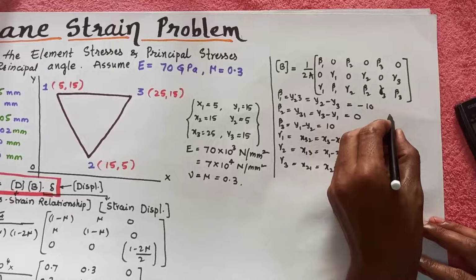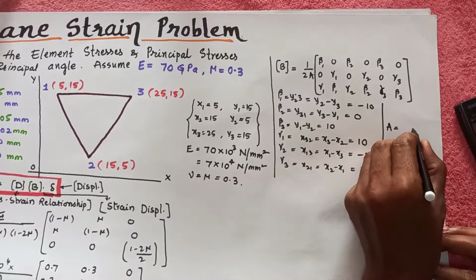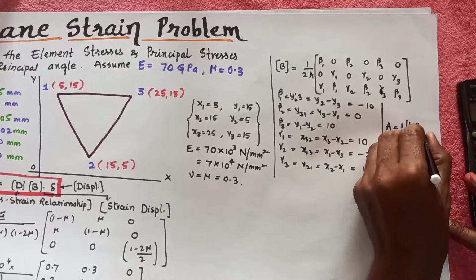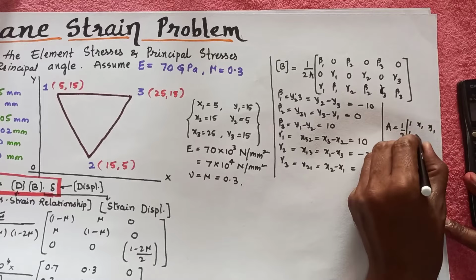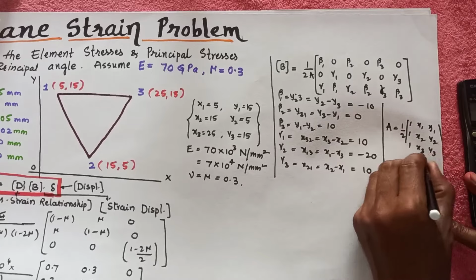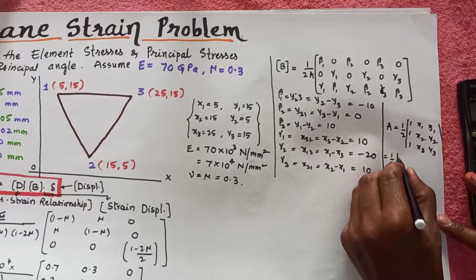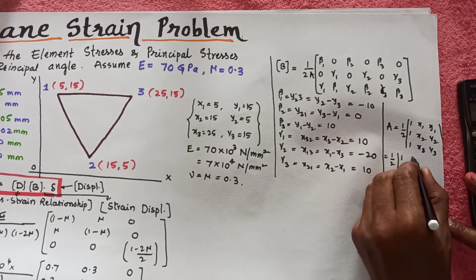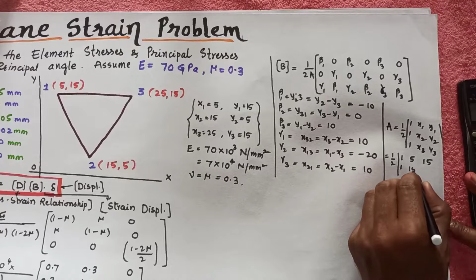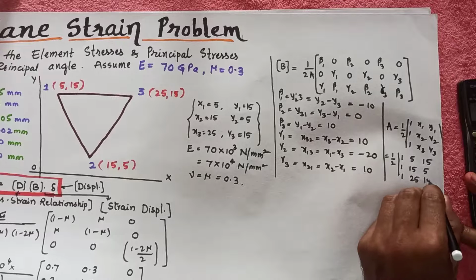Okay, now what is A? A is the area of the triangle element, that is, you have to calculate 1 by 2 times the determinant of rows 1 x1 y1, 1 x2 y2, 1 x3 y3. So here, 1 by 2 is a determinant. What is the value of x1? That is 5, y1 is 15. x2 is 15, y2 is 5. x3 is 25, y3 is 15.